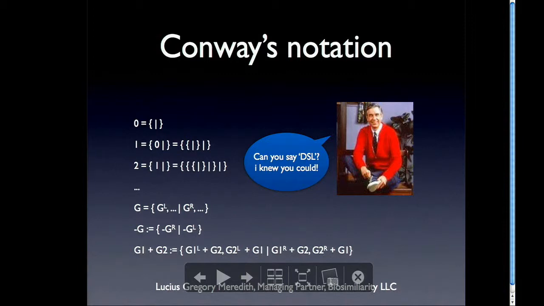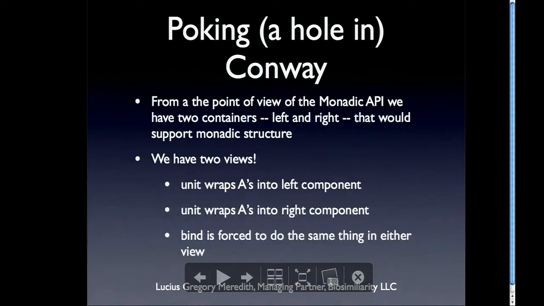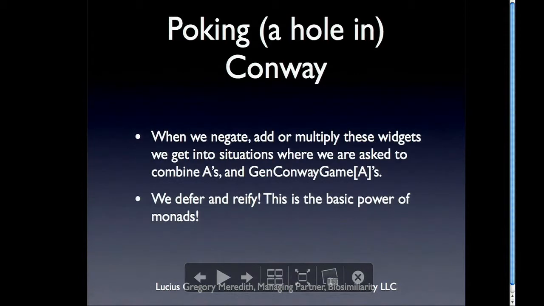And when I add things, I'm going to have to not only add games, but I'm going to have to add games to A's and A's to A's. Okay, so how can we do that? What do we do? Well, the crucial point in that is that we defer this. We say, I don't know. I'm going to invent some syntax which just records the fact that I have to do it.